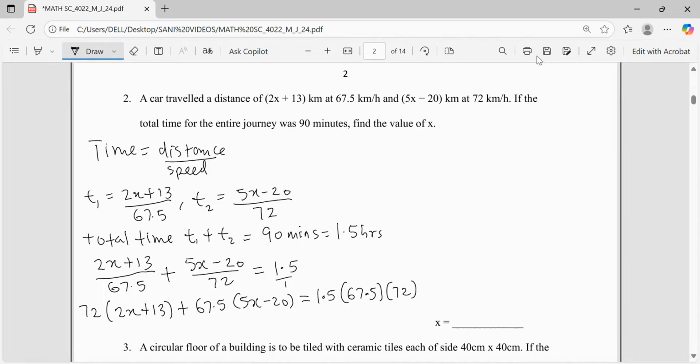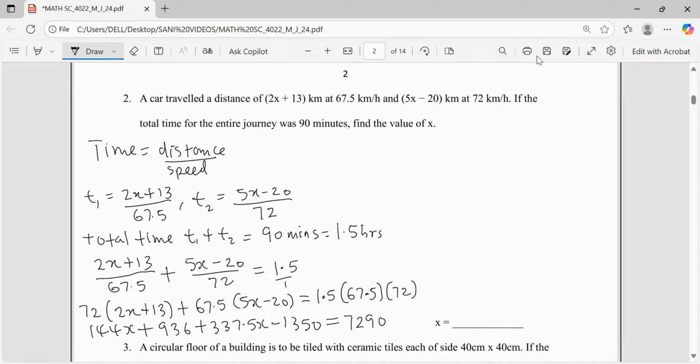So when you expand the bracket, you have 144x plus 936 plus 337.5x minus 1350 equals, when you multiply the right hand side, 7290.